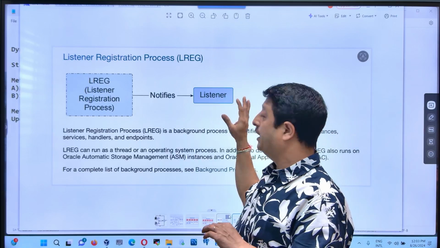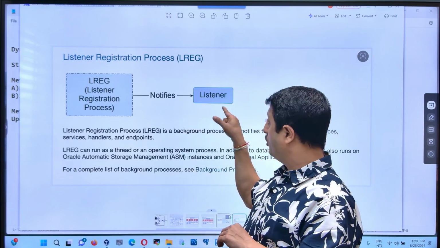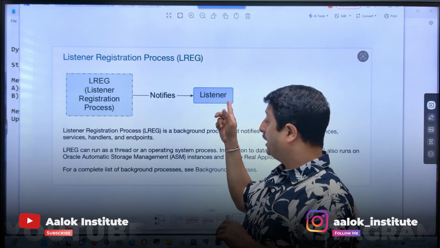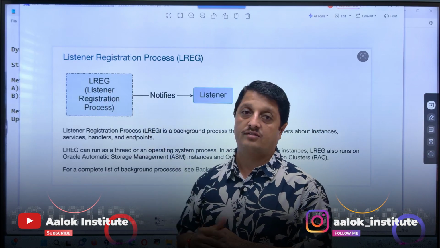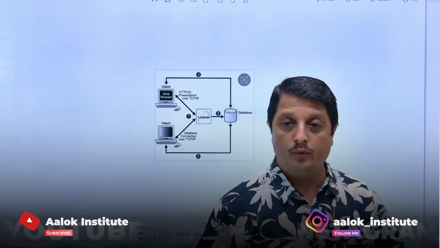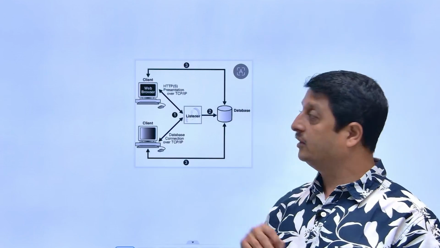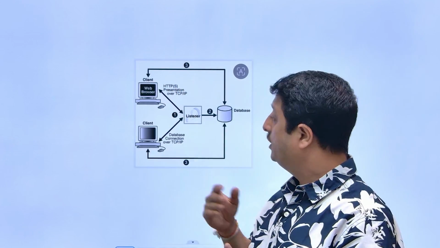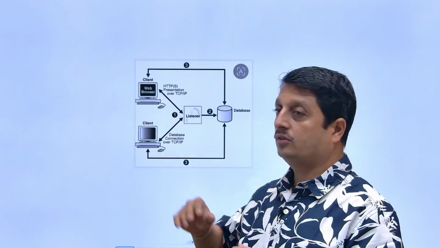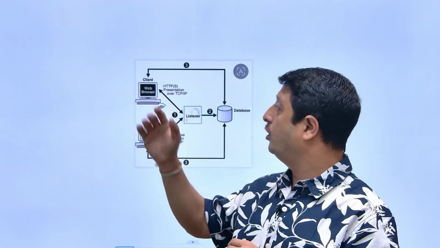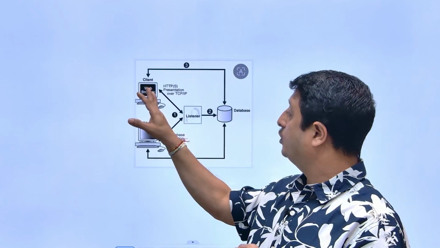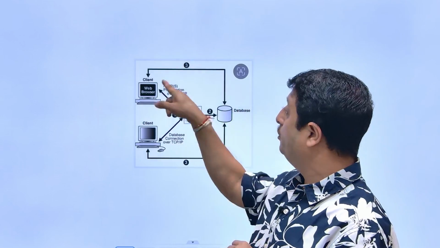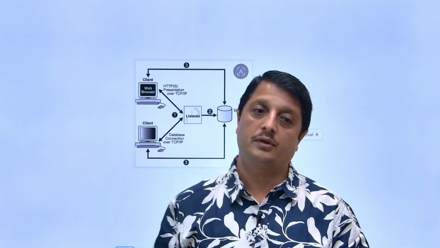Then an incoming connection asking to connect to my database server through this listener can be redirected to my instance. So you should know whenever there is a client or an application coming from the web browser or from TCP database connections, over the protocol TCP or over the protocol HTTP, they try to connect to my listener, and the listener will contact my database server, and then the communication starts or the connection gets established.